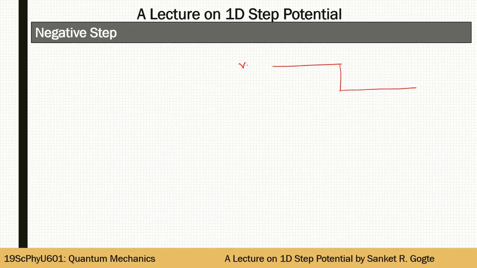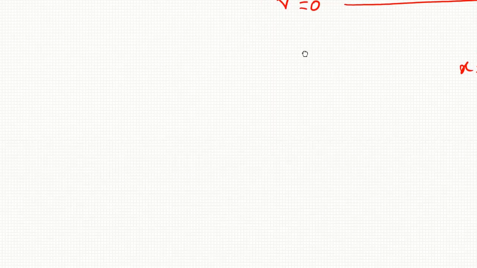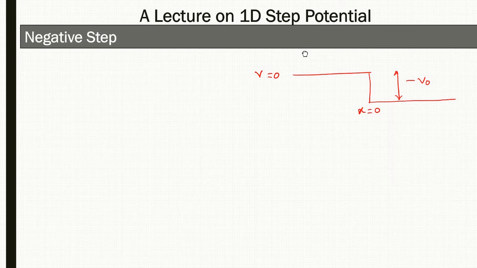So V is zero in this region. At the boundary, the potential drops, it becomes some negative of V0, where V0 is a positive constant, and the particle now is again traveling from negative, what's that now?